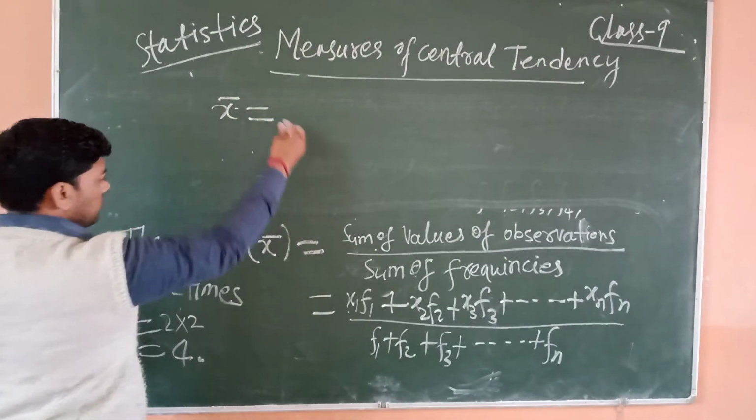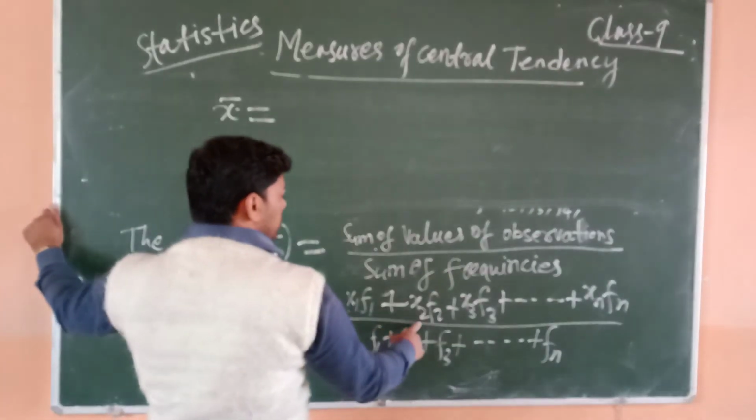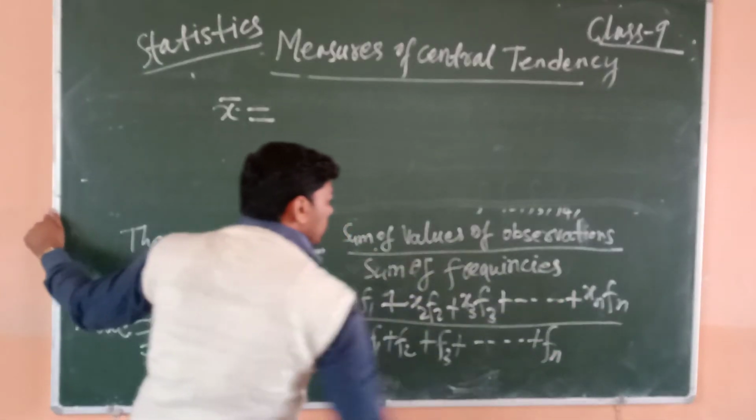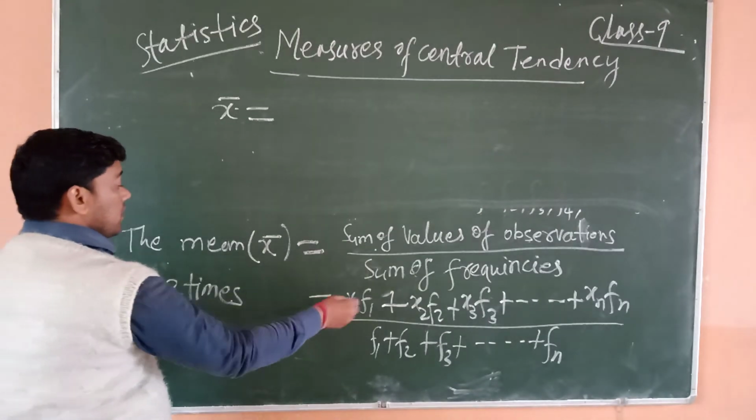Mean is equal to x1 f1 plus x2 f2 plus x3 f3 plus dot to xn fn.